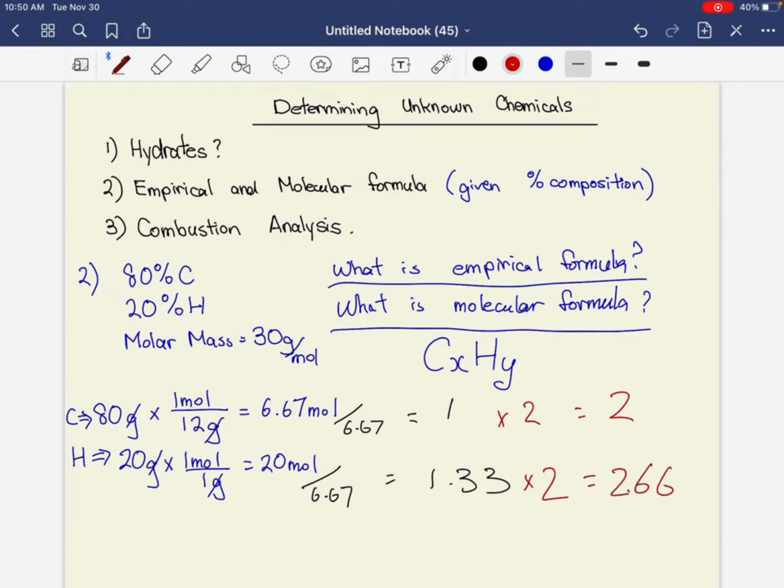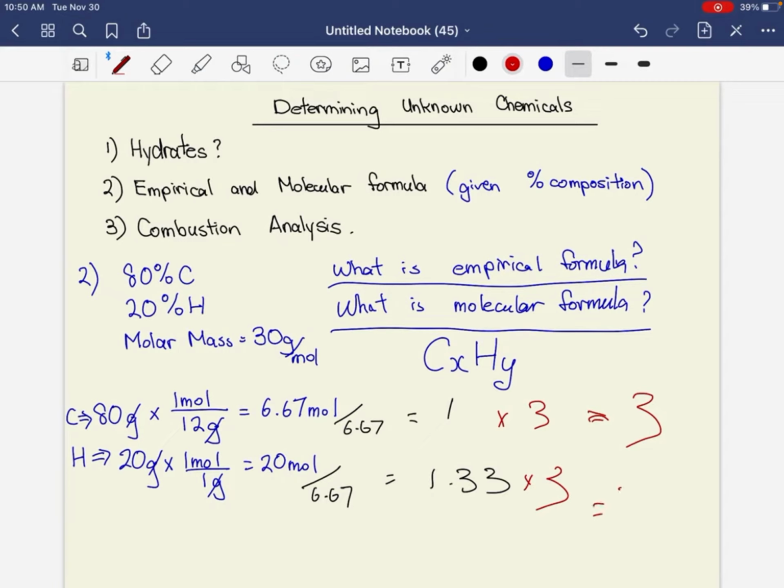Hydrogen will be 2.66. Is 2.66 a roundable number? No, that's not a roundable number. Again, that's between that limit. So we can't do this. We have to do something else. Let's times 3. So if you times 3, carbon will be 3.